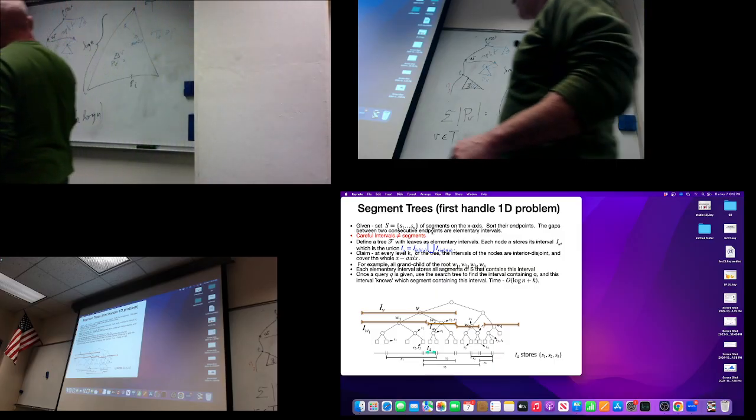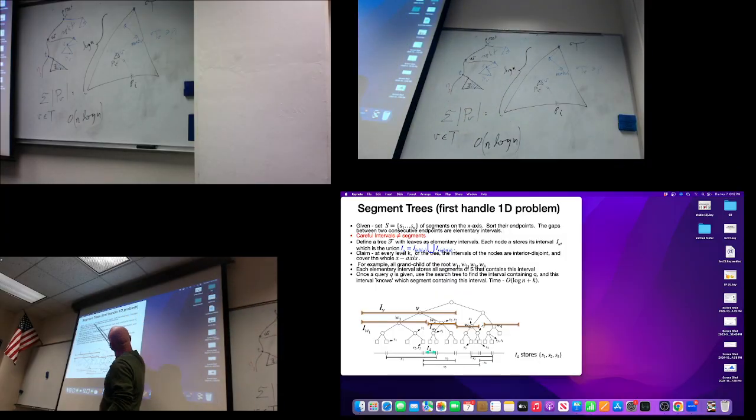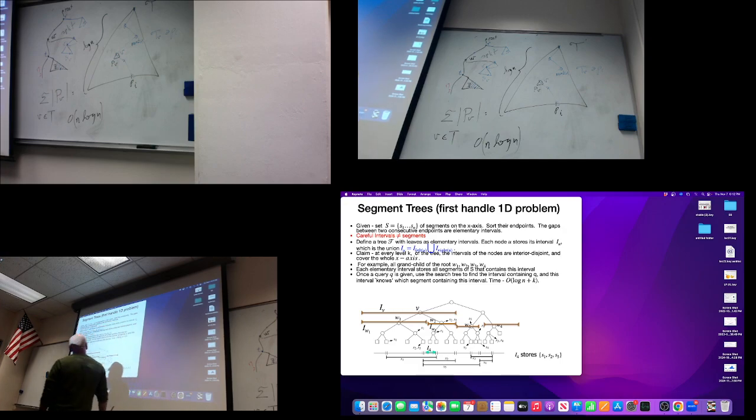So I have my set of intervals, and I created the elementary intervals, because there are going to be more intervals that I'll create in a second. And remember, this whole data structure is a segment tree. These intervals look very similar to what we did in R-trees.